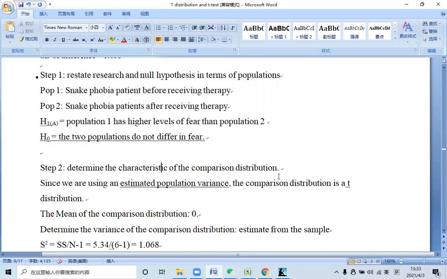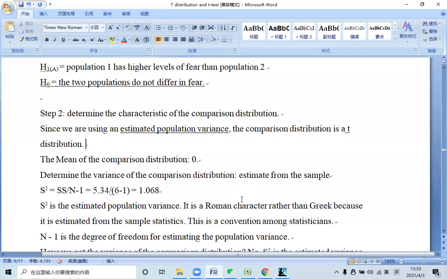And what comparison distribution are we using? We are estimating population variance. We don't know, we have no idea of the variance in the population. And so we use a t distribution.